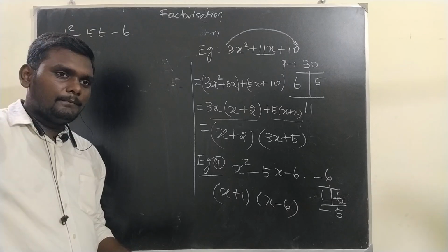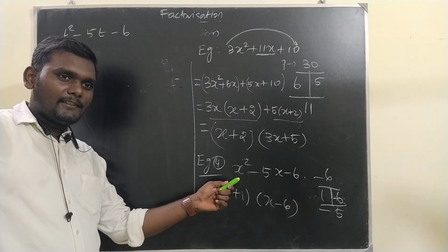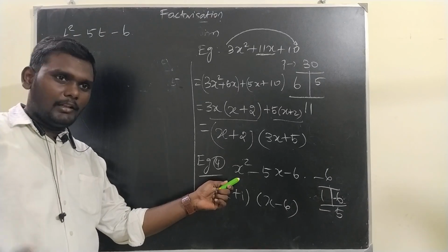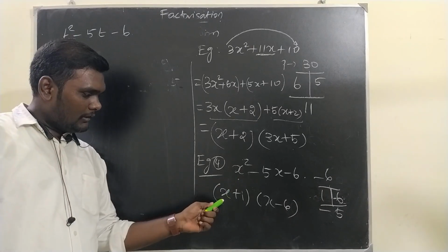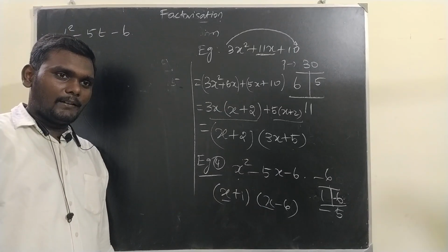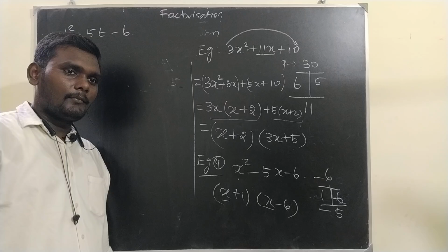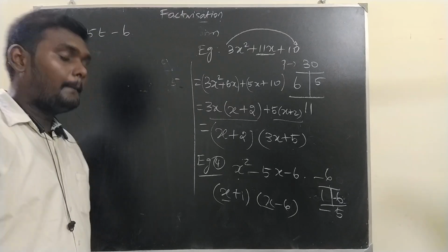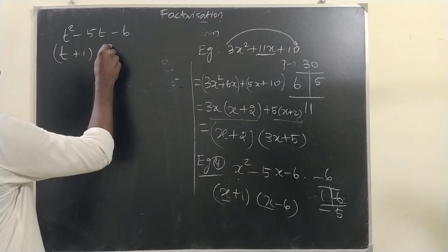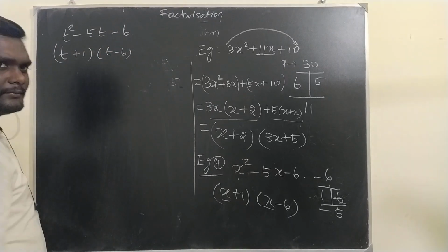Man, you see, I just changed this x as t. You don't need to do that again. You also change x as t, that is it. What is the answer? T minus 6, t plus 1, that is it.